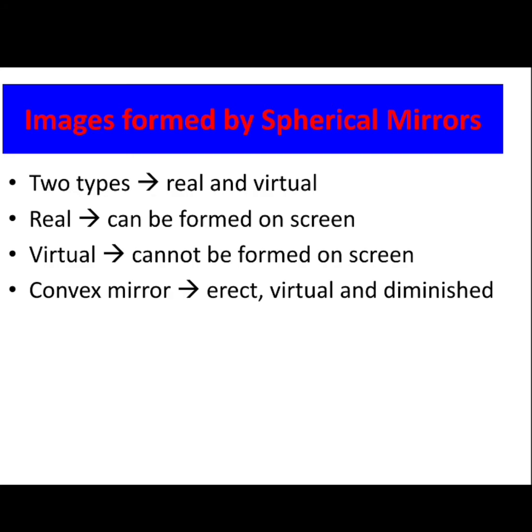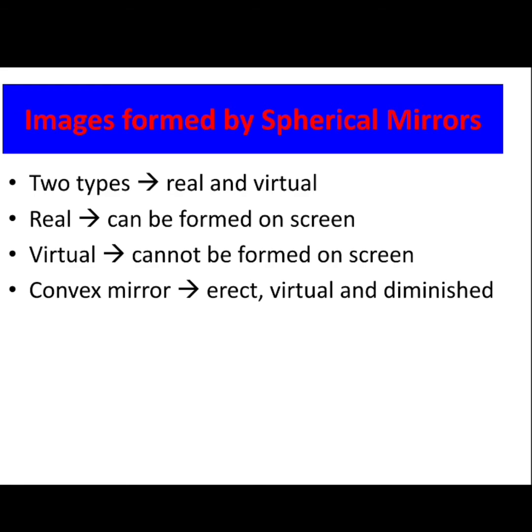Images formed by spherical mirrors. Actually, the images formed by spherical mirrors are of two types. One is real image and the other is virtual image. Real image can be formed on a screen, whereas virtual images cannot be formed on a screen.